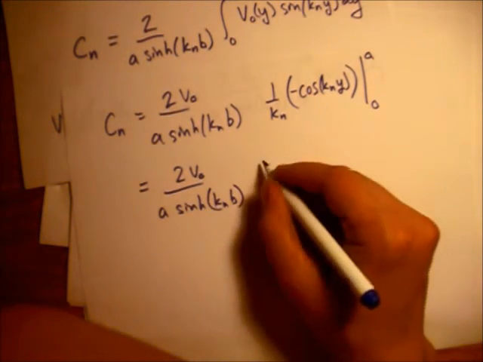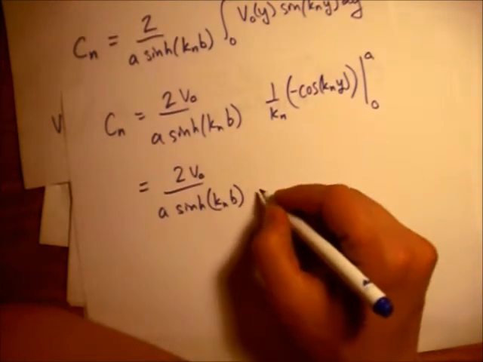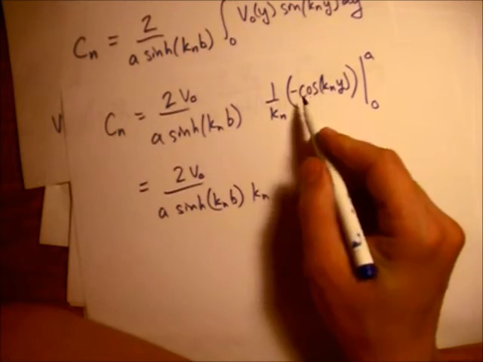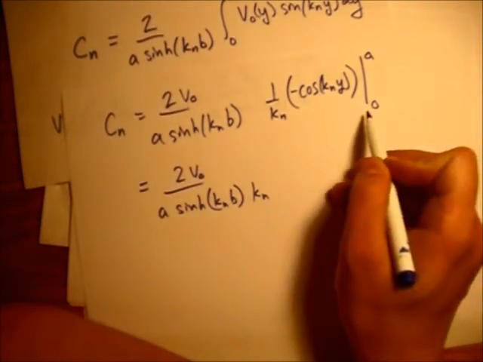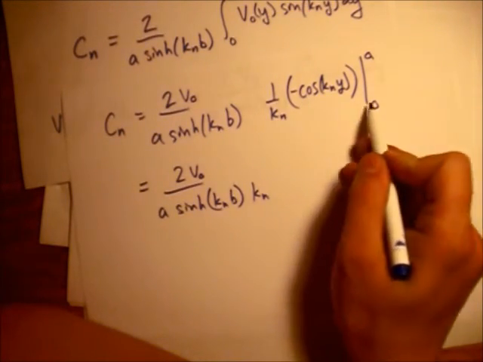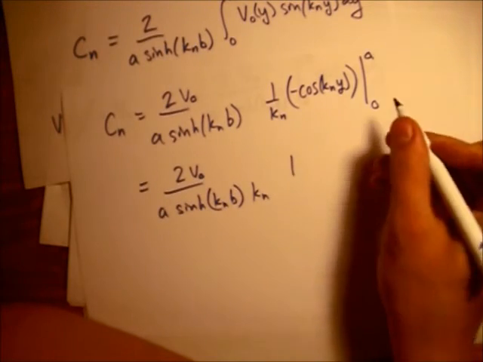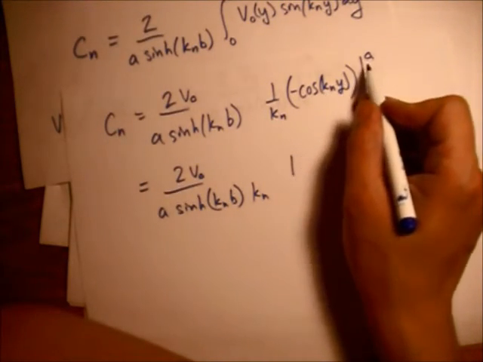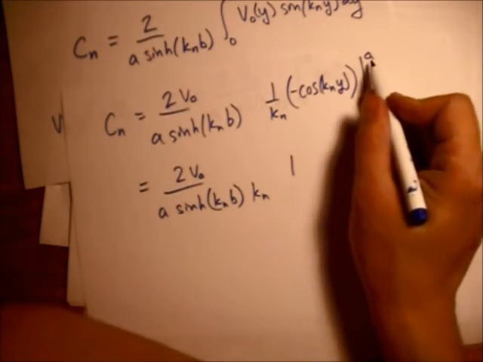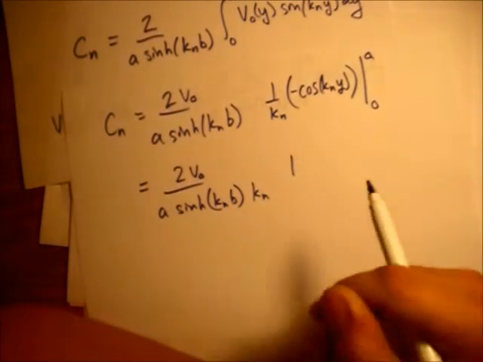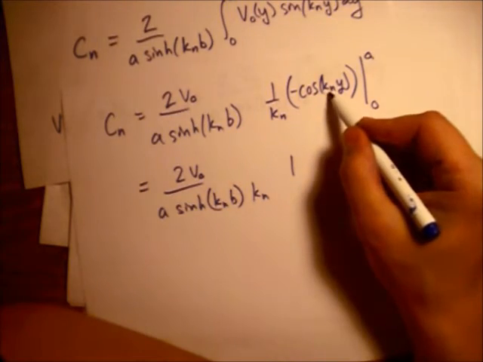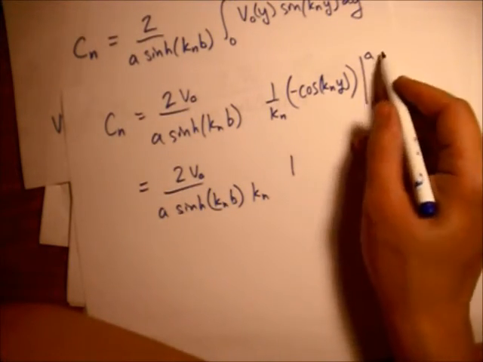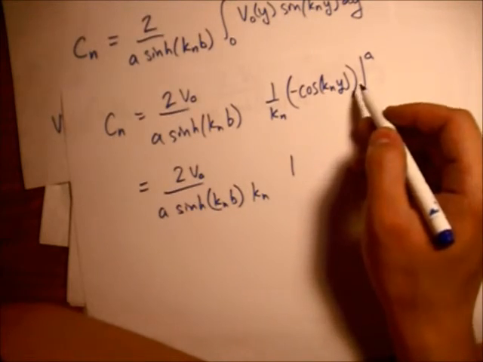Let's write this out. I'll write this kn over here, and then what we have is, a cosine at 0 gives a 1, and a cosine at kna gives us either a +1 or a -1, because remember kn is equal to n pi over a. So multiplied by a, that just gives us an n pi.